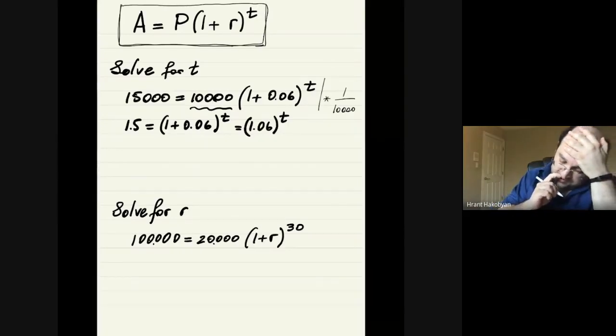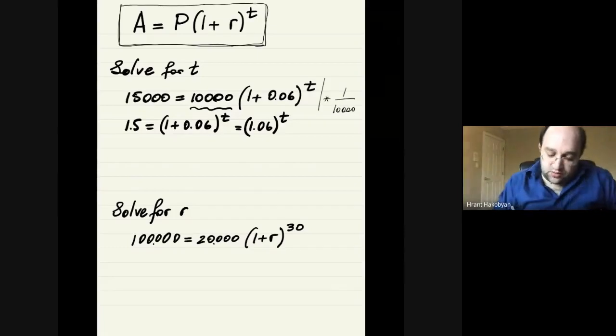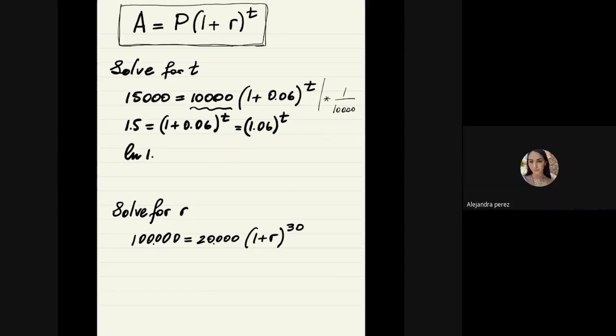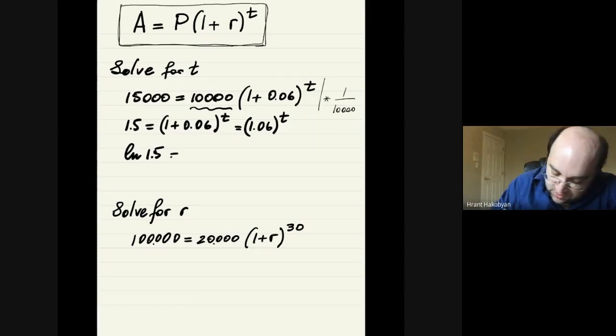Okay, so one way to solve this: you can take the natural logarithm of both sides, or you can take the logarithm with base 1.06, but that's not nice, that's hard to compute using a calculator. So I'm going to take the logarithm with natural base. So the natural logarithm of 1.5 is the natural logarithm of 1.06 to the power t.